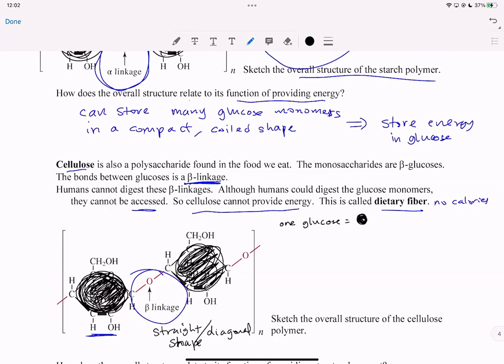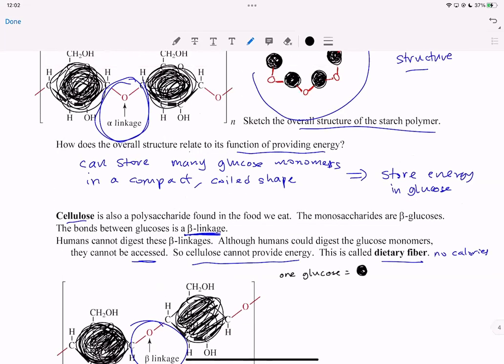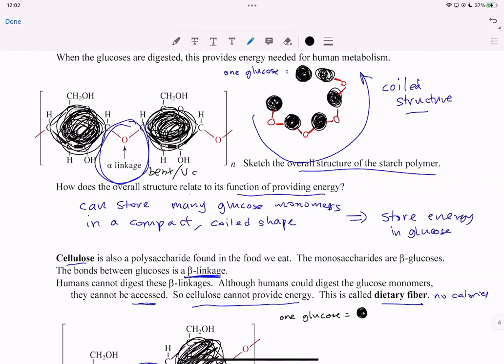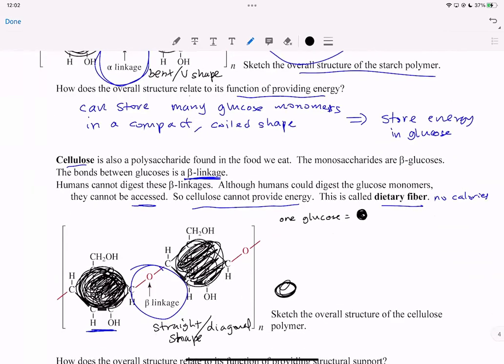That's what that linkage is, compared to the alpha linkage that is that bent or V shape. So let's have one glucose linked to another glucose, linked to another glucose, linked to another glucose. See where I'm going with this: these are all linked on the diagonal through that linkage, and you get an overall straight line, right? It doesn't matter that it's on a diagonal, it's a straight line. And so this is an overall straight shape.